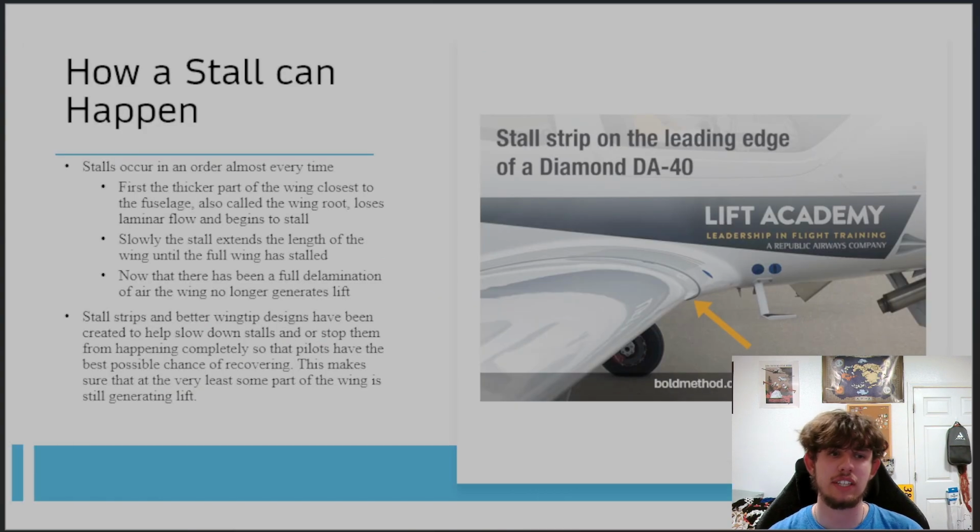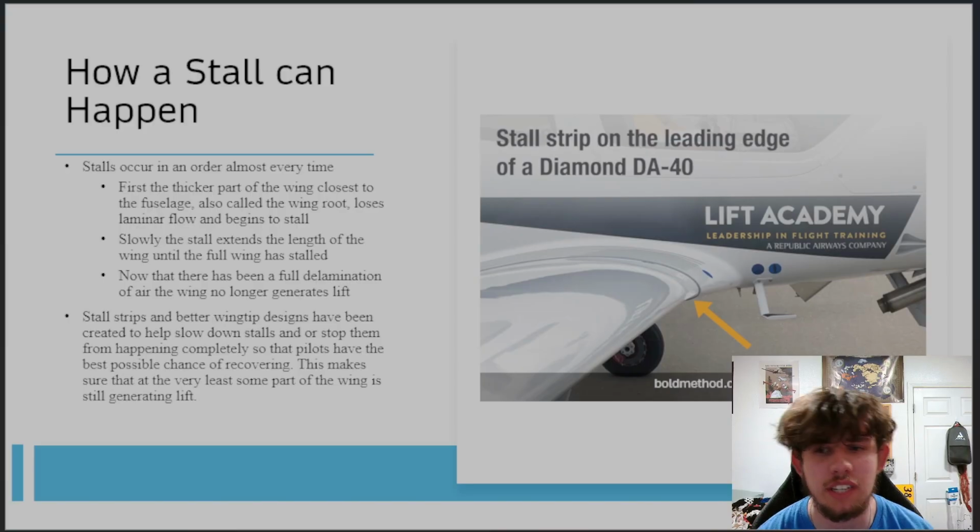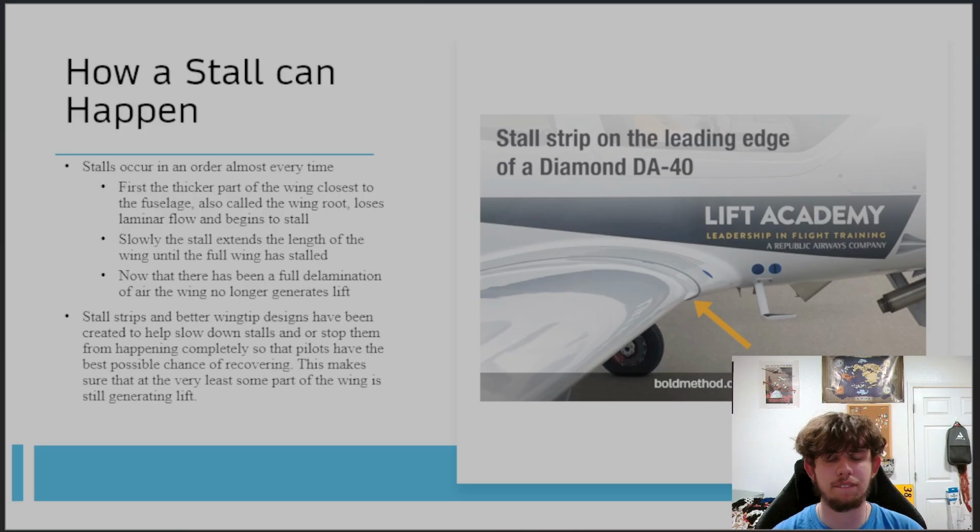Stalls themselves happen in a pretty specific pattern every time they occur, due to how air flows over the entire airframe, not just the wing. A stall will generally occur first here at the wing root, where there is a change in airflow direction, and where the wing is a little bit thicker and easier to disrupt.